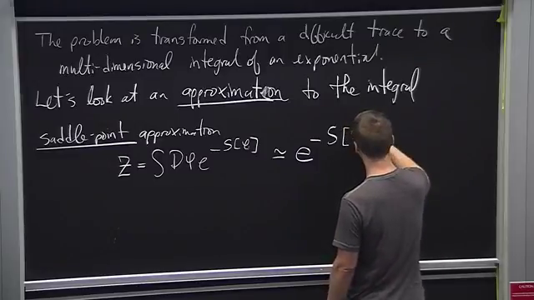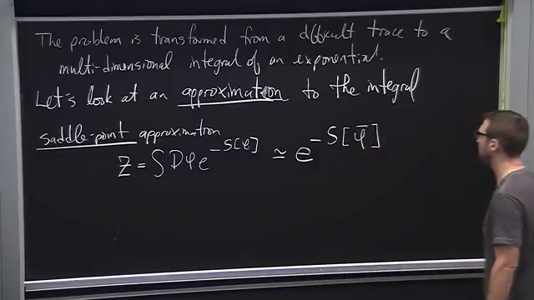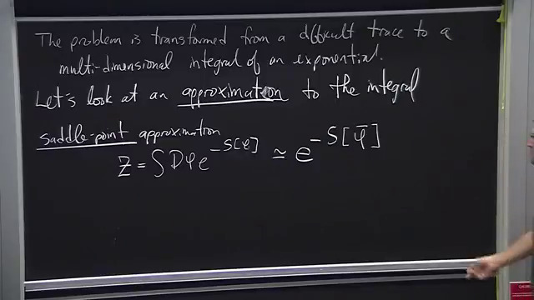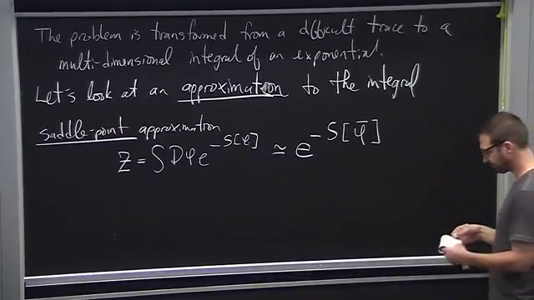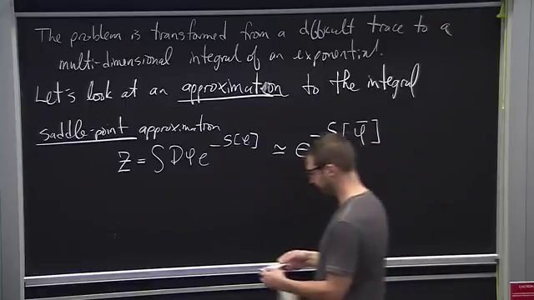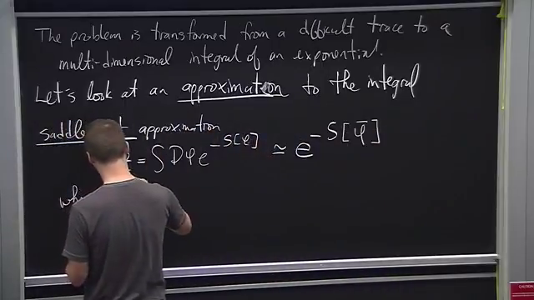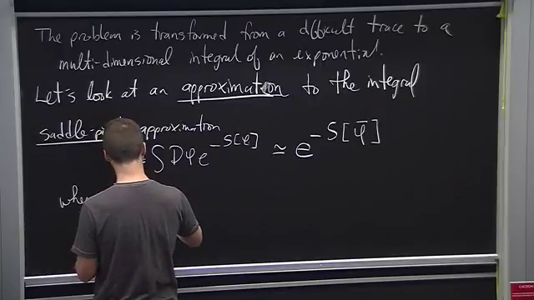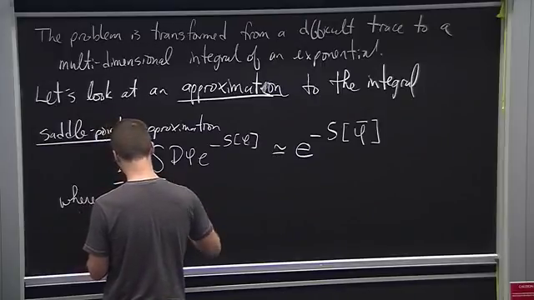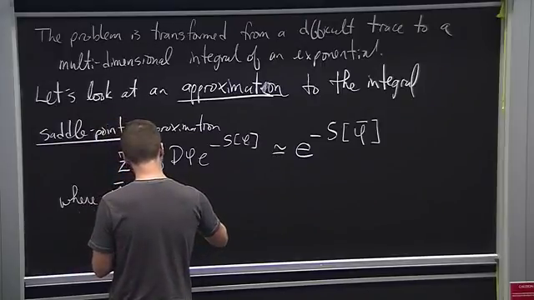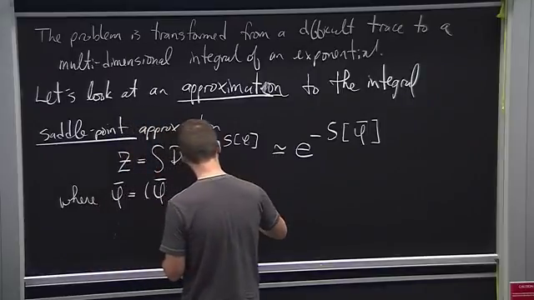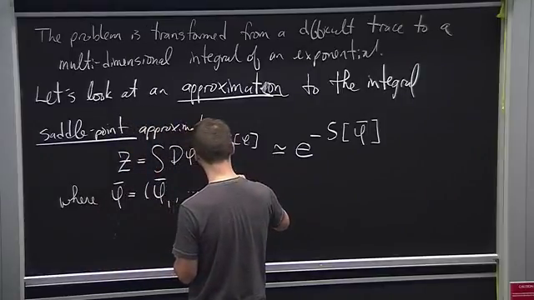And you have to evaluate this at, I'll call it, phi bar, where again, remember this is a multidimensional field vector, has n components.